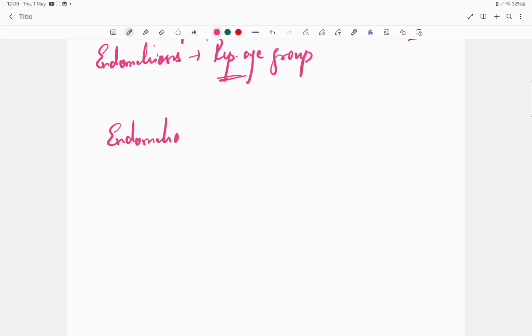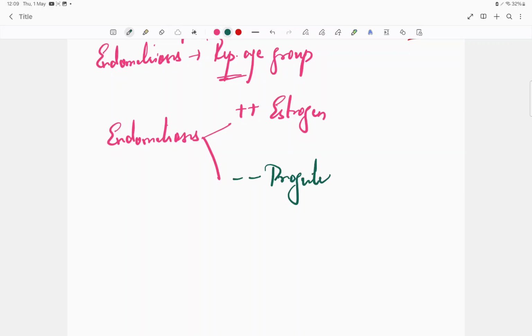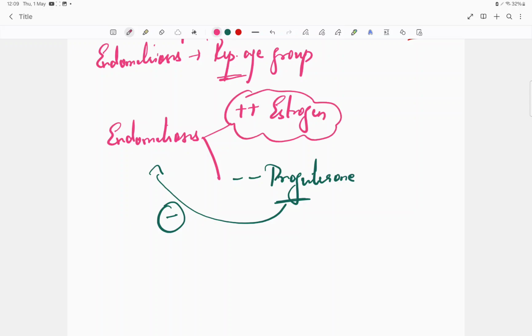Endometriosis will be supported by estrogen and inhibited by progesterone. Indirectly, progesterone inhibits endometriosis, so we can give progesterone as a treatment. We'll discuss the treatment and classification in another video, but first we'll discuss the theories. So estrogen is responsible for the formation of endometriosis.